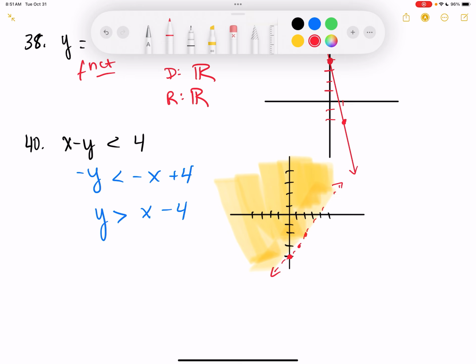No, not a function. Domain is still what? It's the same as 38. Probably all real numbers. All real numbers, and range? All real numbers.